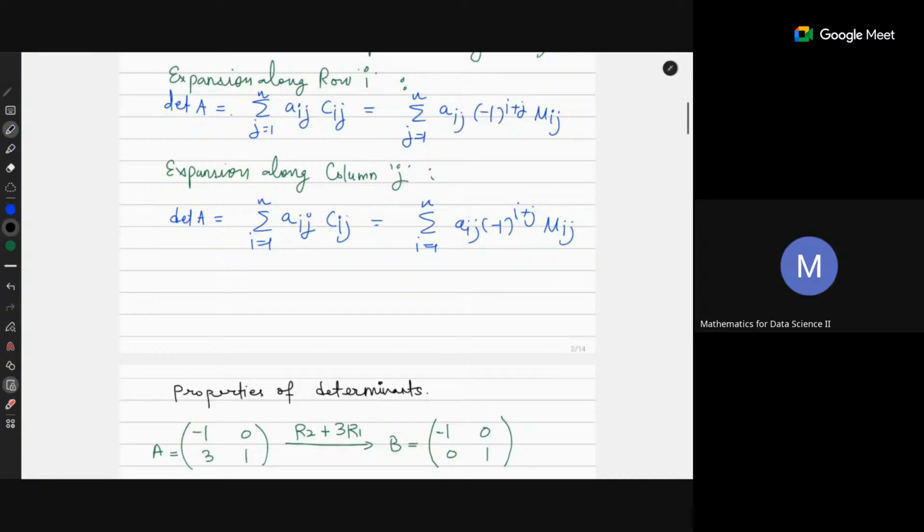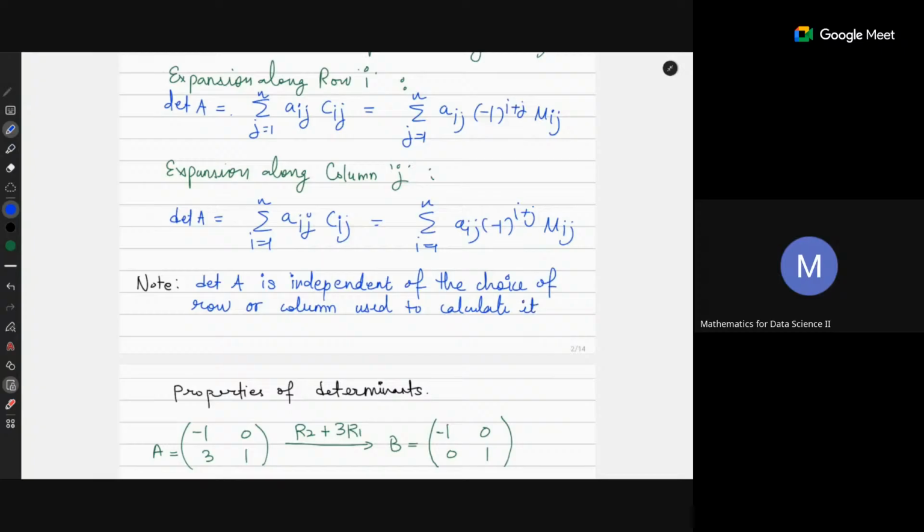So in particular, the determinant of A is independent of the choice of row or column used to calculate it.